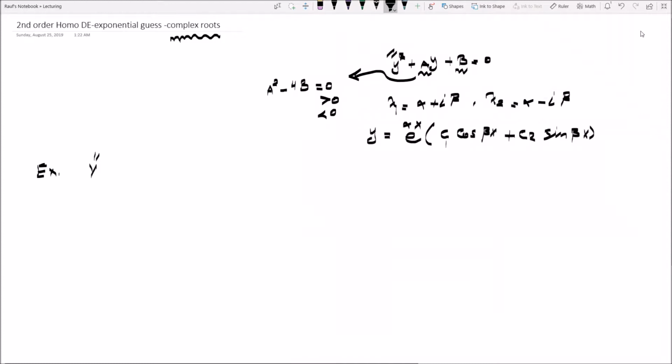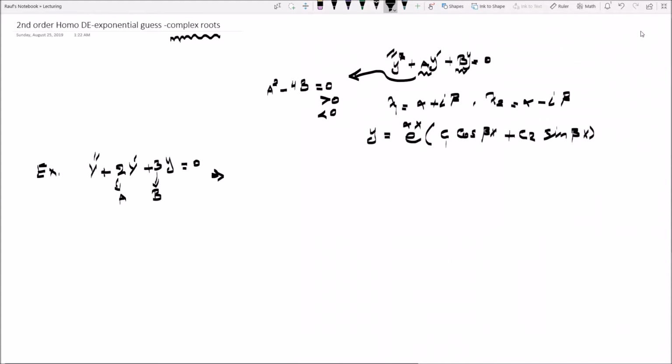Okay, y double prime plus 2y prime plus 3y equals 0. In this case, this is your a and this is your b. Now, applying what we learned before, here is y prime and here is y, sorry about that.